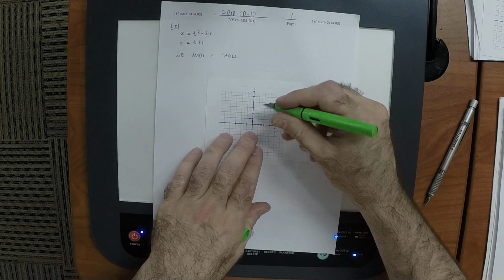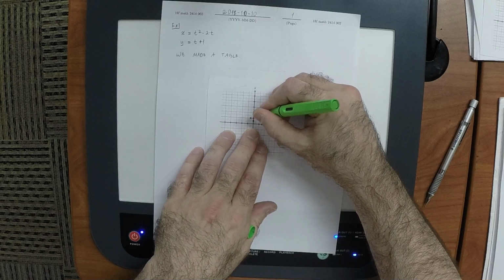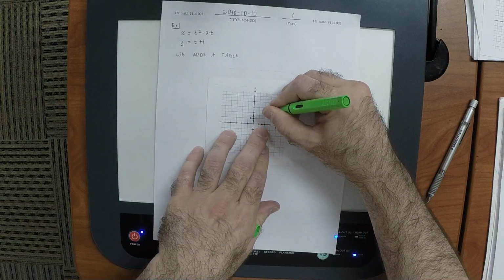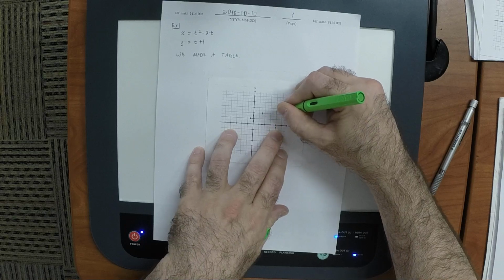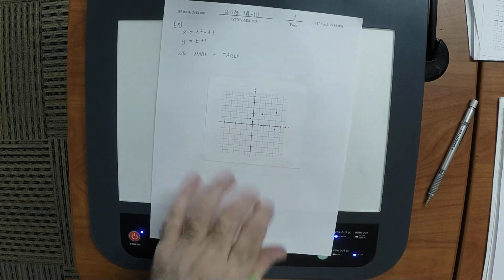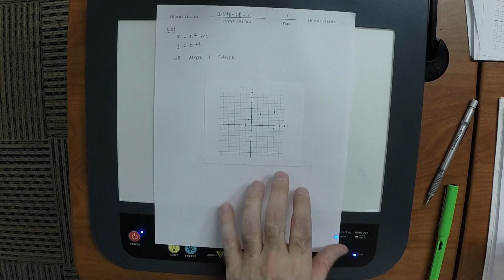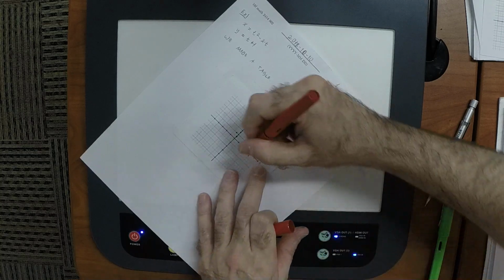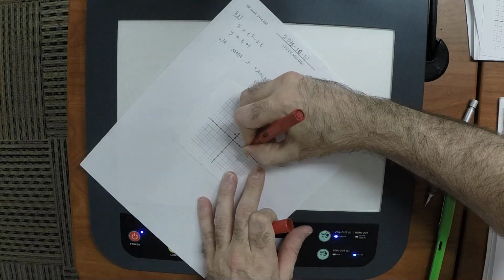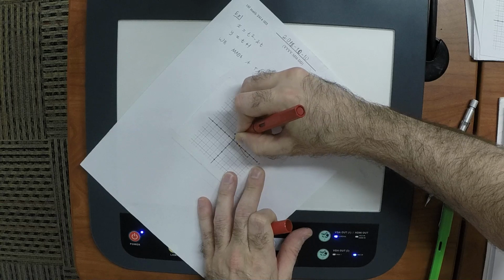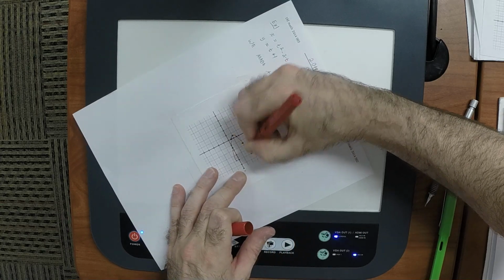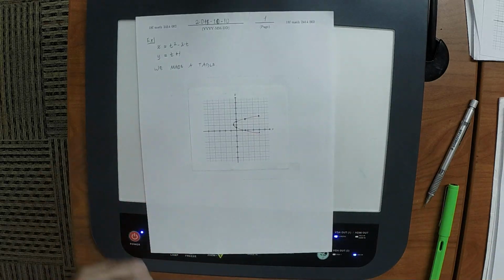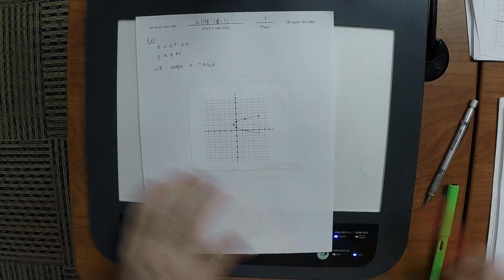So now from here, I can just by symmetry do it. So there, there, there. Okay, so we plotted those points. And among the things that was stressed is that that's just some of the points there.